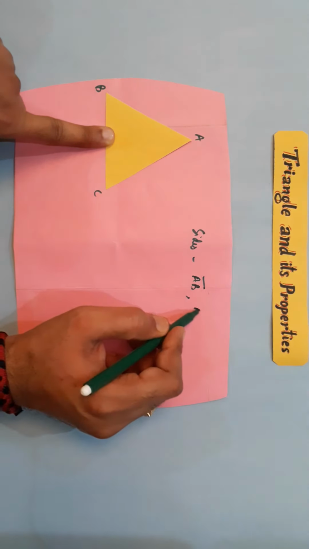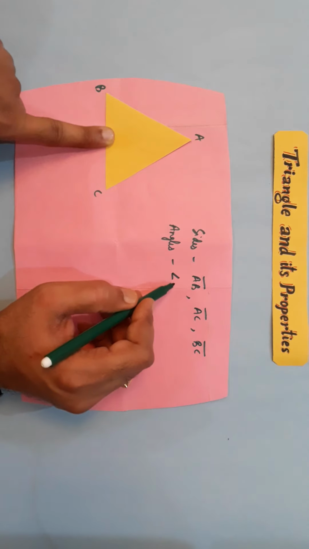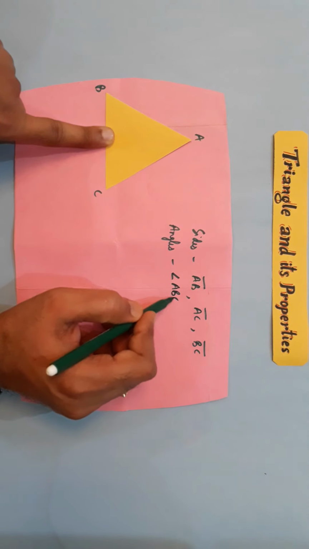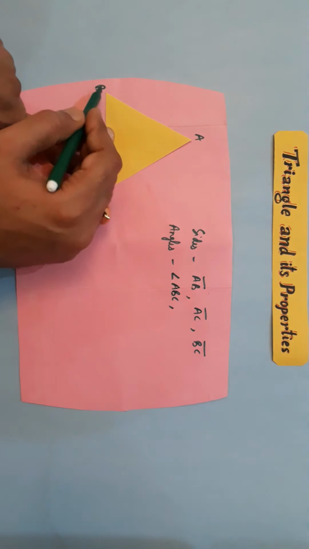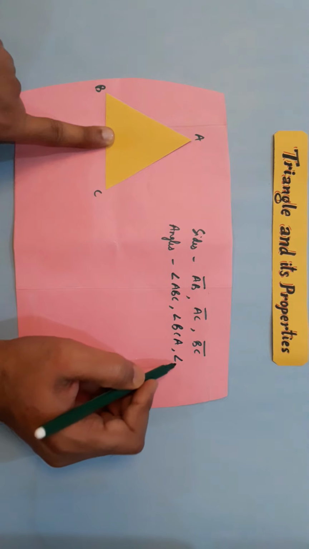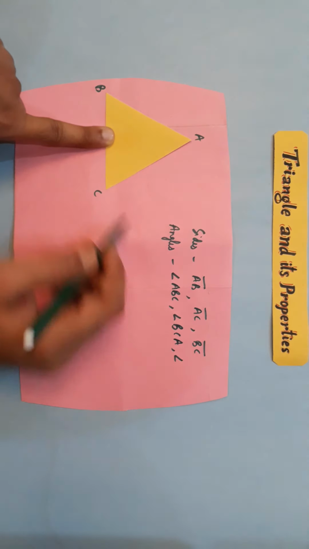Now if we talk about angles, they are formed where two line segments join. So the three angles will be angle ABC, angle BCA, and the third one will be angle BAC.